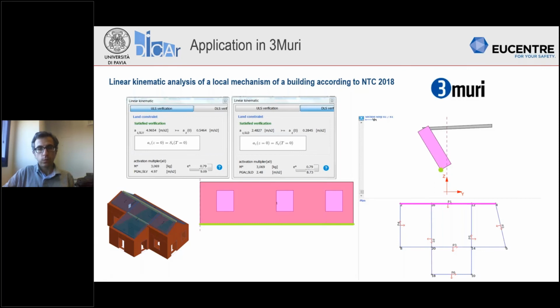Of course, if you want to verify more complex mechanisms, like the one I was discussing at the beginning of this part of the webinar dedicated to the linear analysis of local mechanisms, you can do. It's simply left to the user.